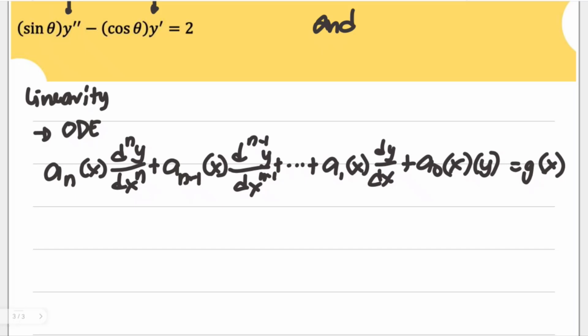If this is followed, then we can say that our given differential equation is linear in terms of an ordinary differential equation.